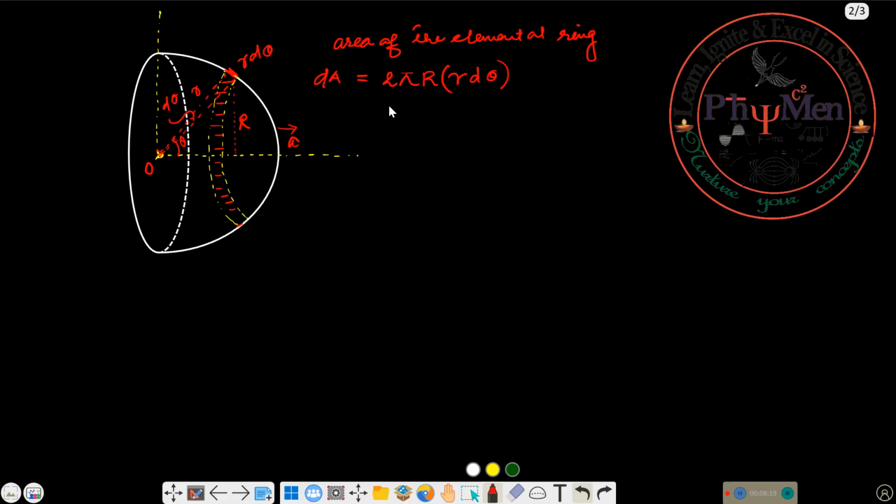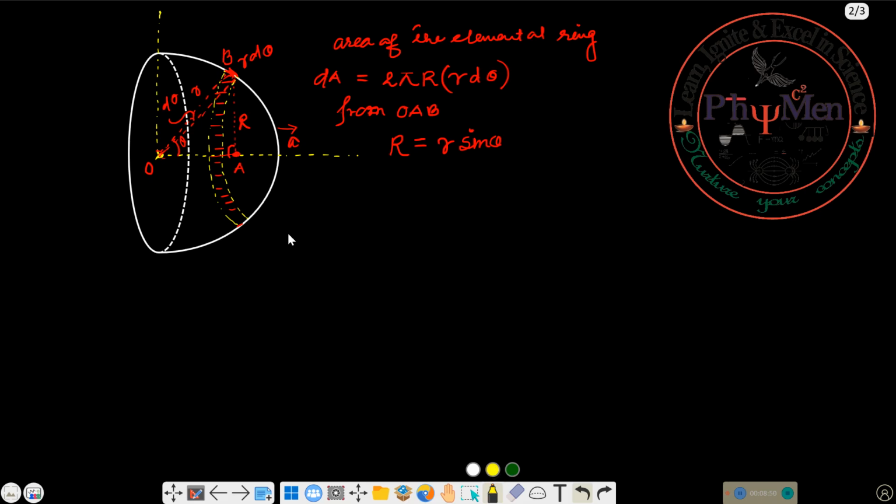Now what is the r here? From this triangle OAB, you see r equals r sin theta, is it?